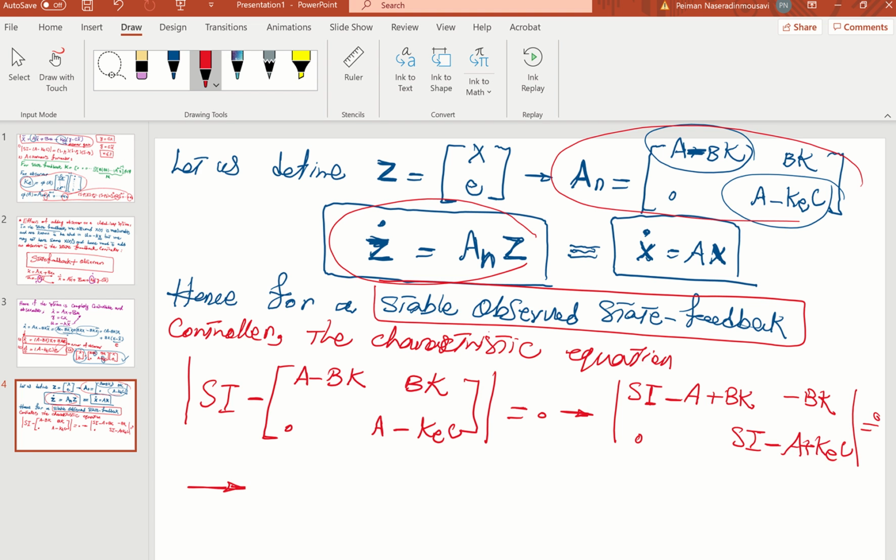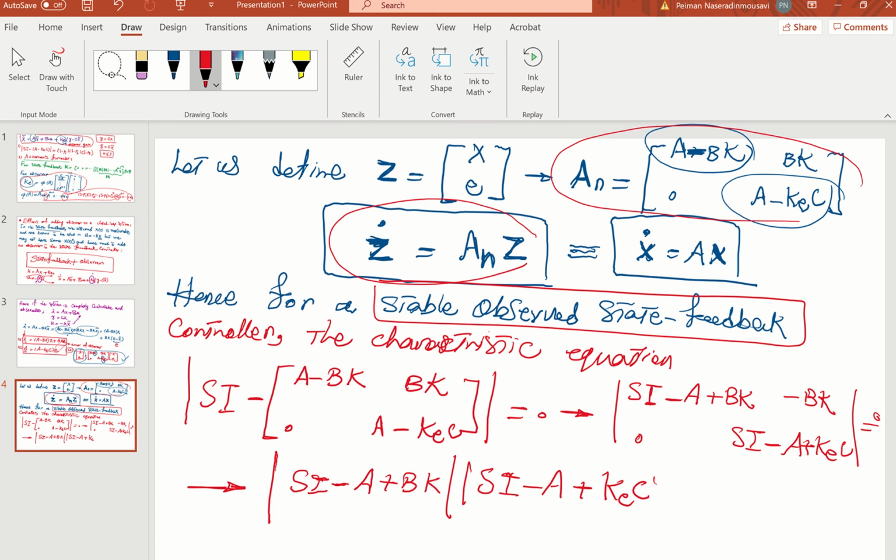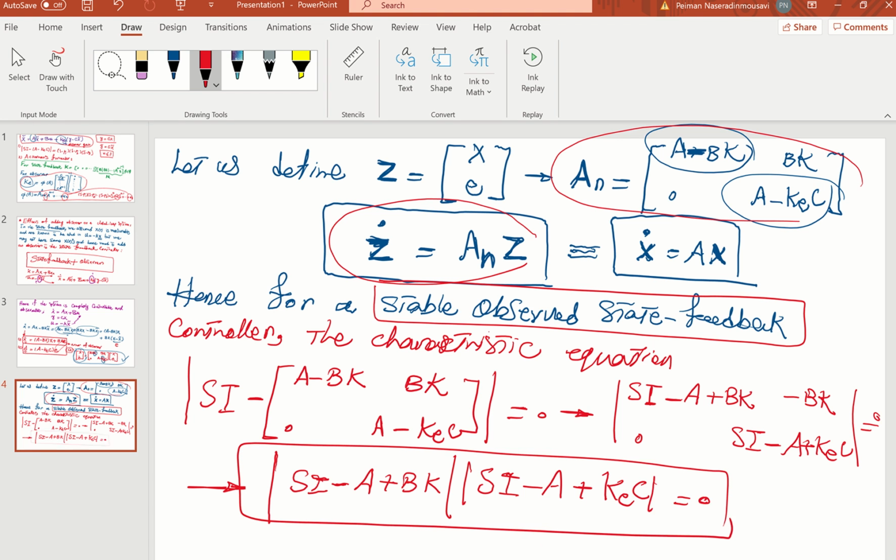So if you do that, you get the determinant, for God's sake, sI minus A plus BK times sI minus A plus KeC, which is 0. This is the classic equation, must be stable. Right?